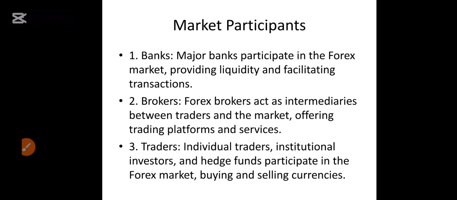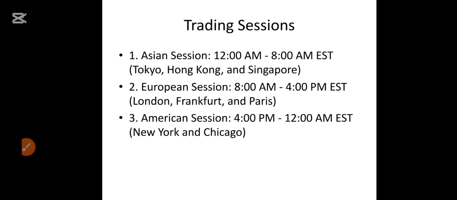We have the hedge fund participants, those who handle major funds in the forex market, buying and selling of currency. These are the three types of traders that participate fully in the forex market.